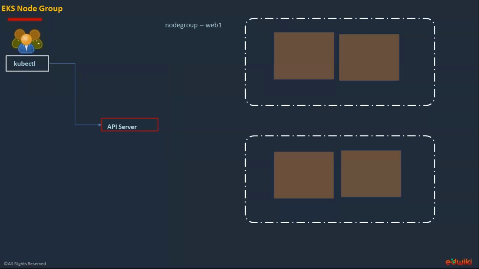Let's say the first 2 worker nodes I put into a group, that group name called web1. The second set of 2 worker nodes I put into a group, that group name called web2. Like that we can create node groups where you can keep multiple worker nodes inside a node group and give whatever name you wanted to.